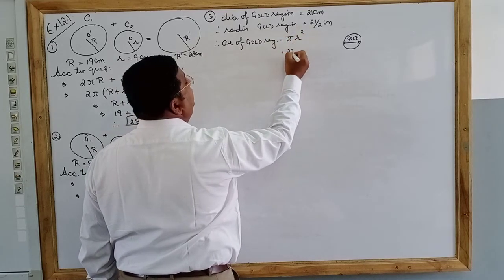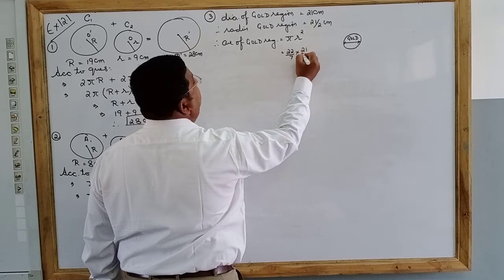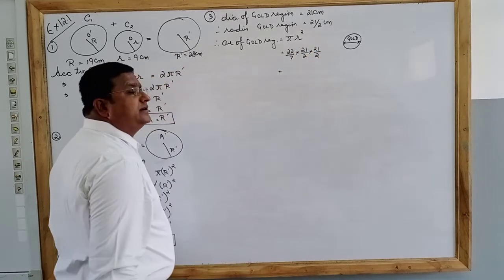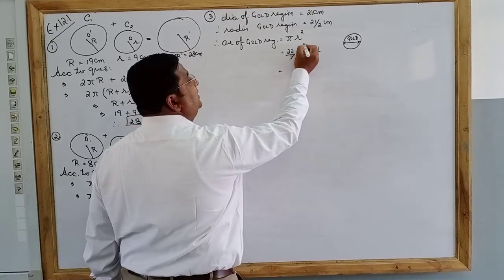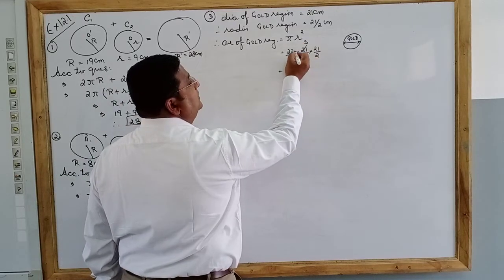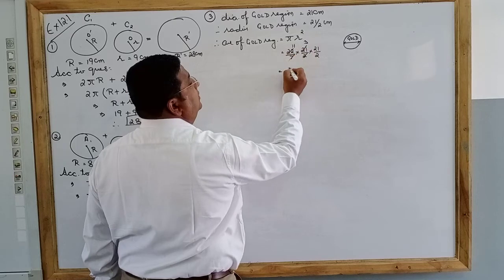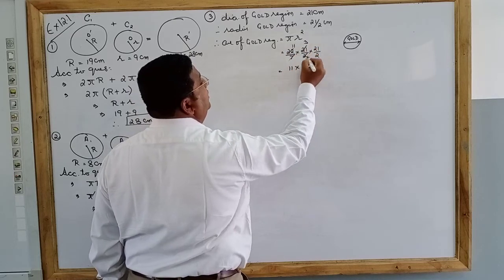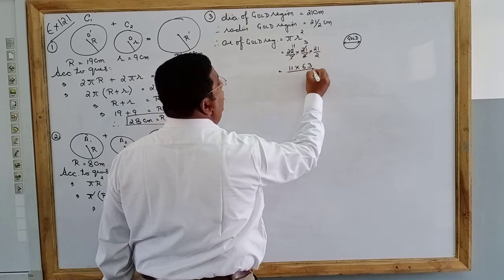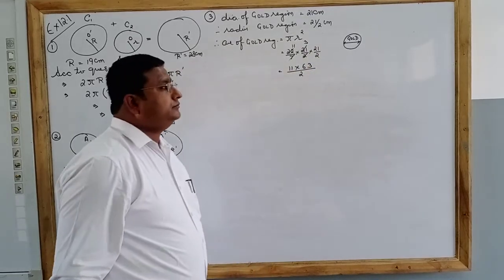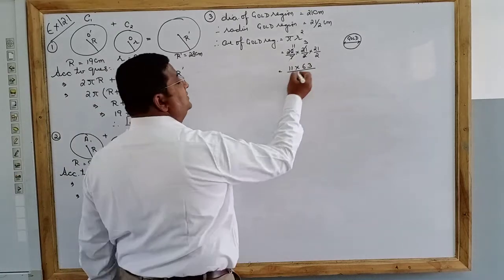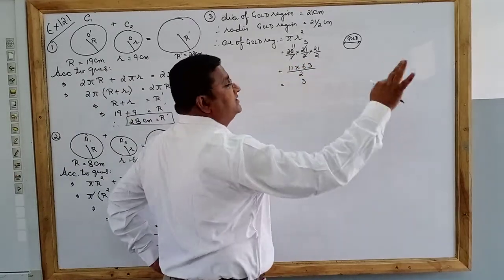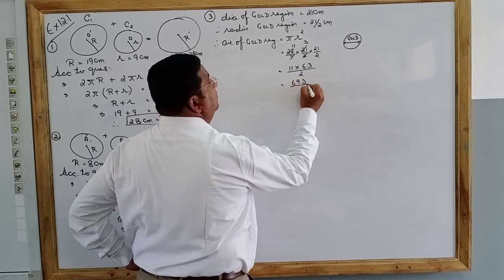So pi 22 by 7 into r square, 21 by 2 into 21 by 2. 7 ones are 7, 7 threes are 21, 2 ones are 2, 11s are 11. 21 into 3, 11 into 3 ones are 3, 3 twos are 6 upon 2. 11 threes are 33, carry 3, 11 sixes are 66, 66 and 3, 69 by 2.